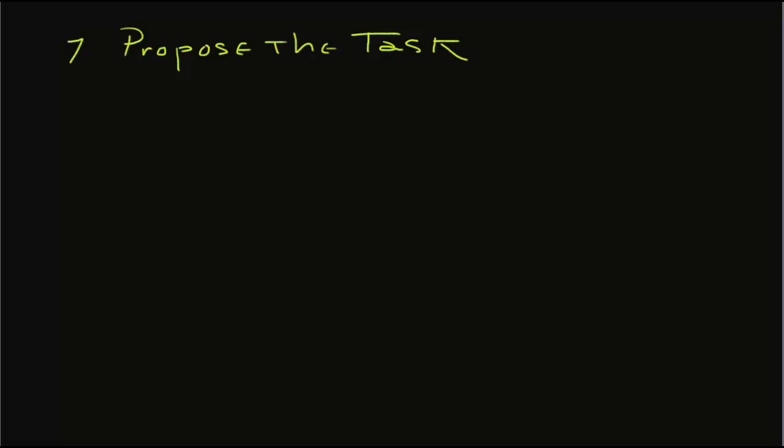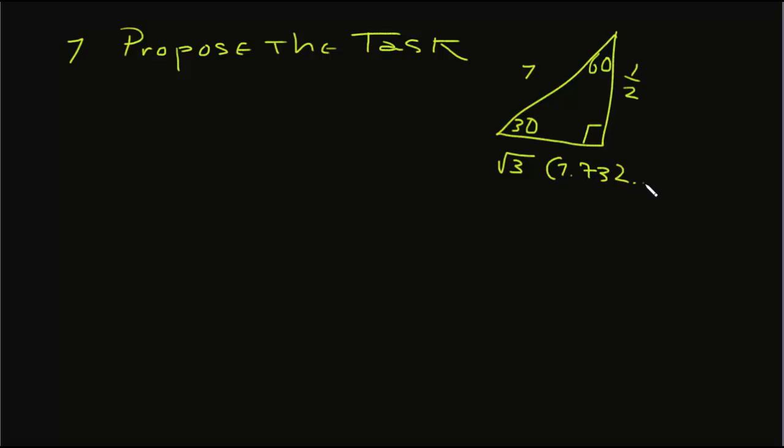Here what we're trying to prove is that the sides of every 30, 60, 90 triangle have these proportions: 1/2, 1, and square root of 3, which is roughly 1.732, and so on.